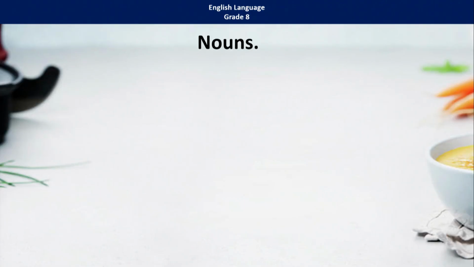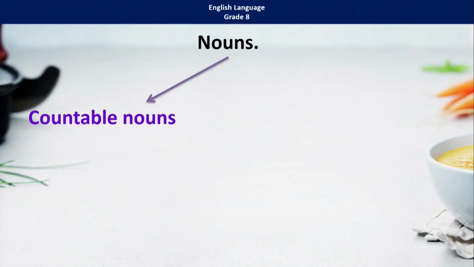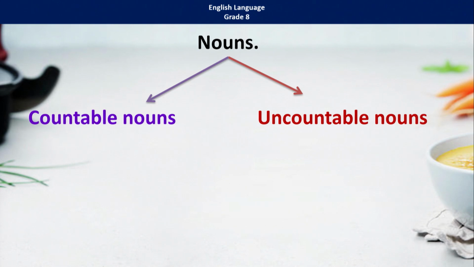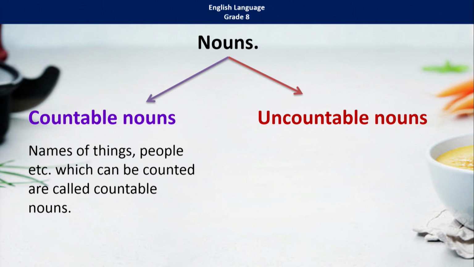Now, children, as we discussed, we can categorize nouns as countable nouns and uncountable nouns. So, what is a countable noun? They are names of things, people, etc., which can be counted and are called countable nouns.